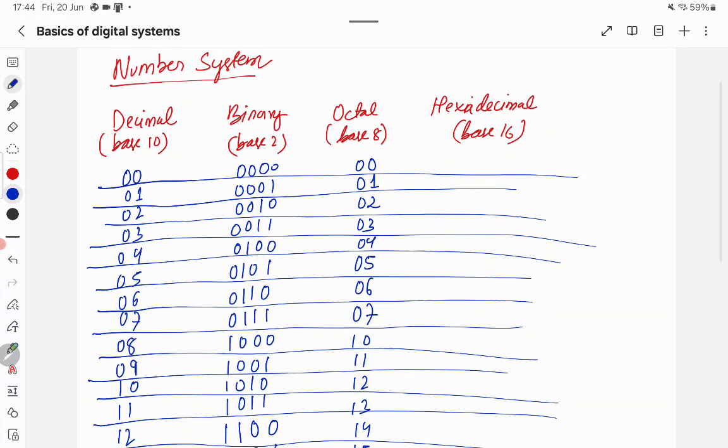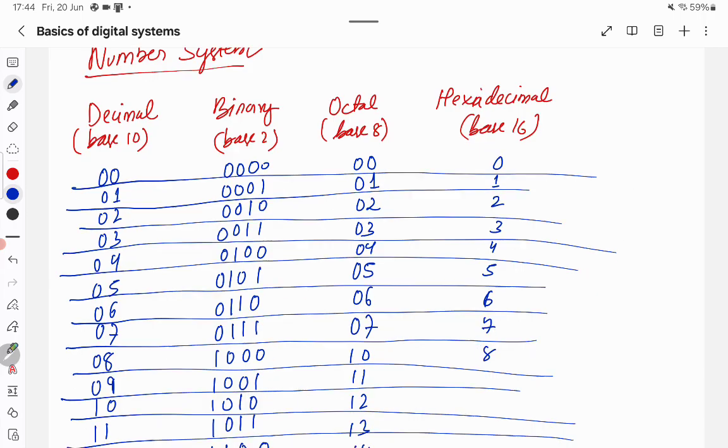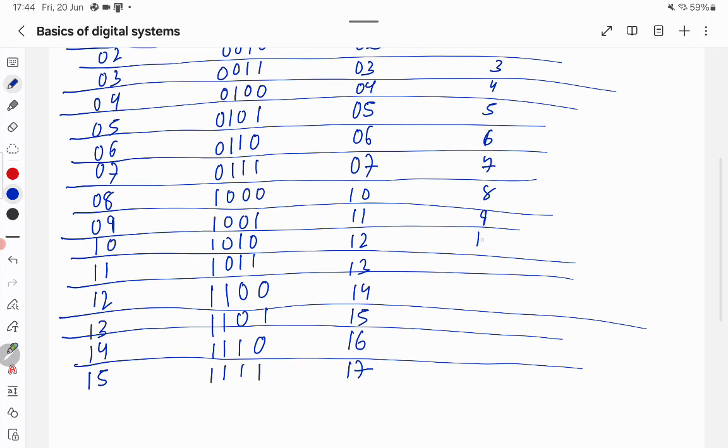If we look at hexadecimal, 0 can be written as 0, 1, 2, 3, 4, 5, 6, 7, 8, 9, and 10 cannot be written as 10.